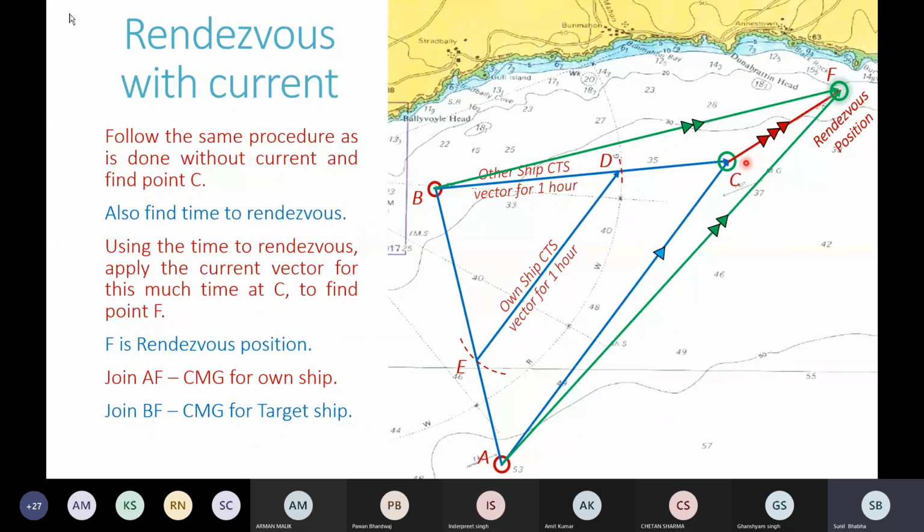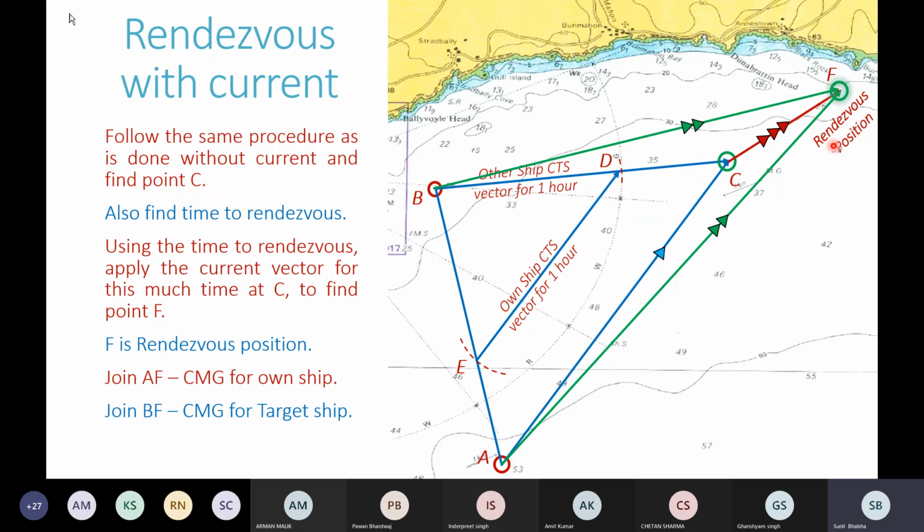So this is extended up to Charlie, up to C point. So Bravo to Charlie is the course to steer vector for this duration of 3 hours. Charlie to Foxtrot is the current vector for the same duration. And Bravo to Foxtrot, the green color vector which you see, is the course made good vector of the target ship. So you obtain the rendezvous position.